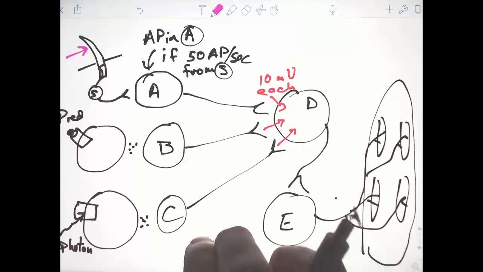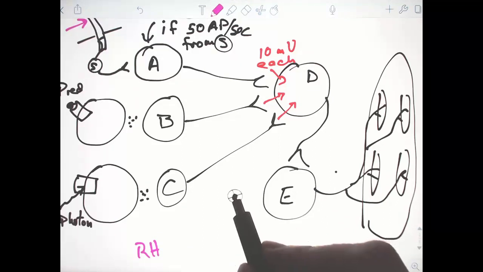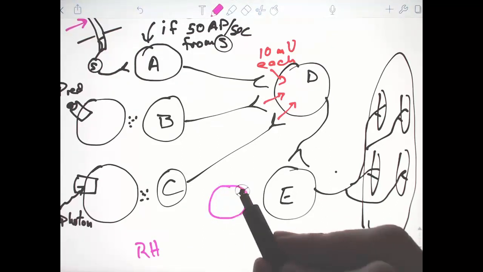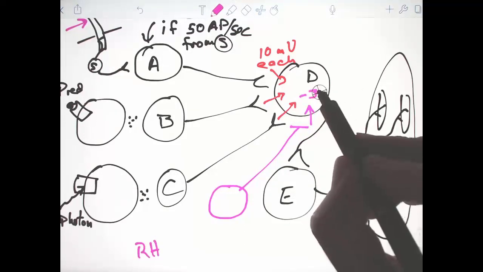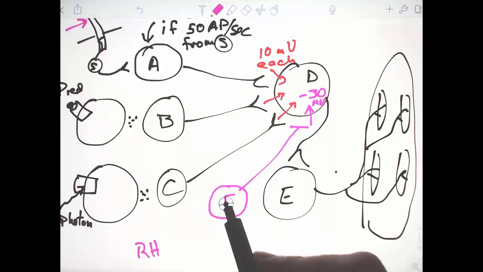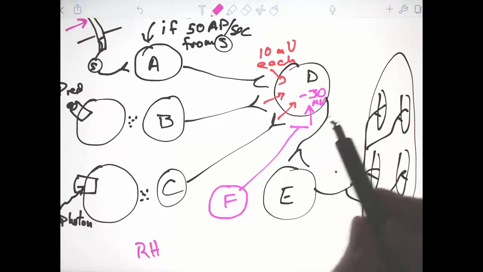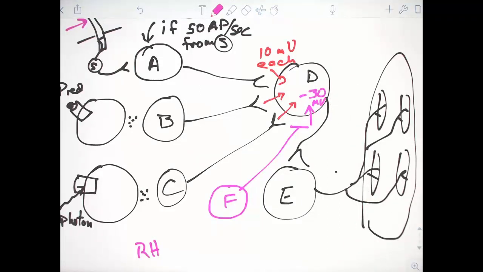So what we want to add is block this in the presence of reproductive hormone. We can predict then that what we want might be inhibition that might block it by taking us -30 millivolts. If cell F is producing action potentials, it'll open potassium channels that will depolarize this -30 millivolts.